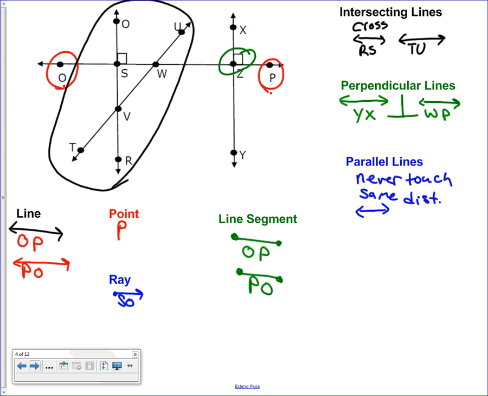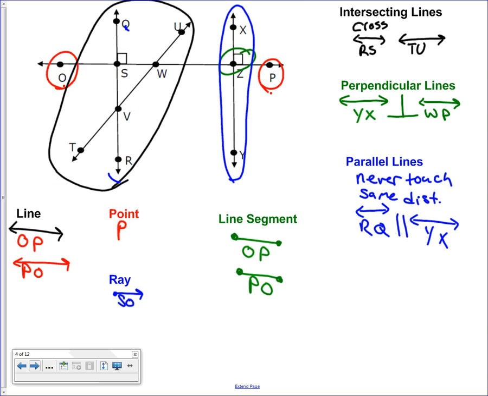So examples of parallel lines would be like line R, and let's make this a Q. Line RQ is parallel to line YX. You see, this line, oh, I guess I should use a marker. This line right here and this line right here are never going to touch.